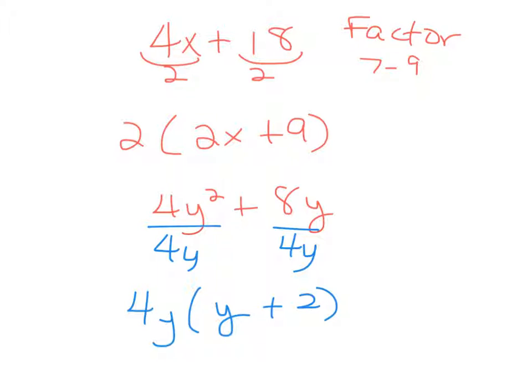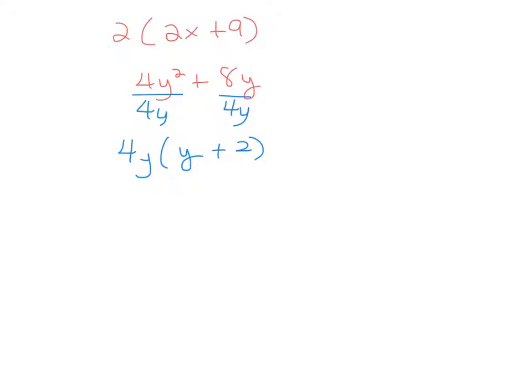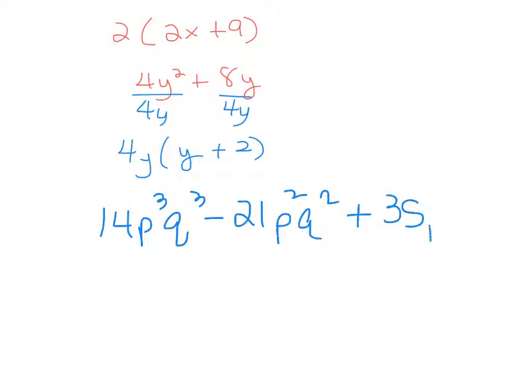Number 9, same thing, but now it'll be a trinomial. So for example, you might get 14p to the third q to the third minus 21p squared q squared plus 35pq. So again, I'm going to look for my greatest common factor. And between 14, 21, and 35, it's going to be 7.